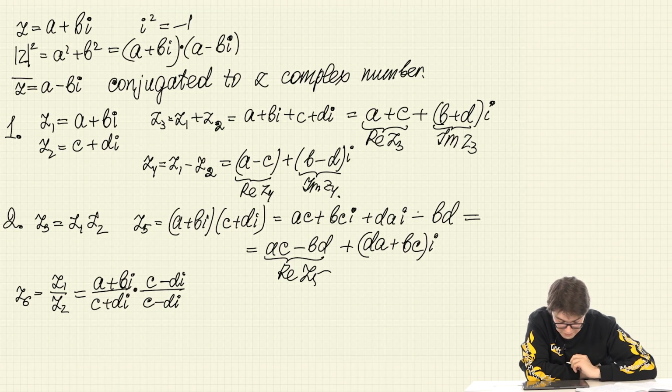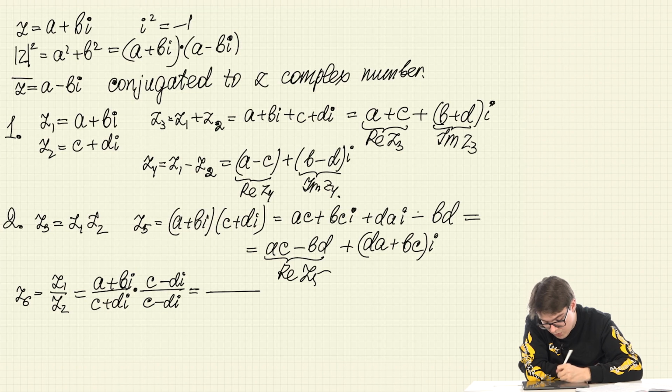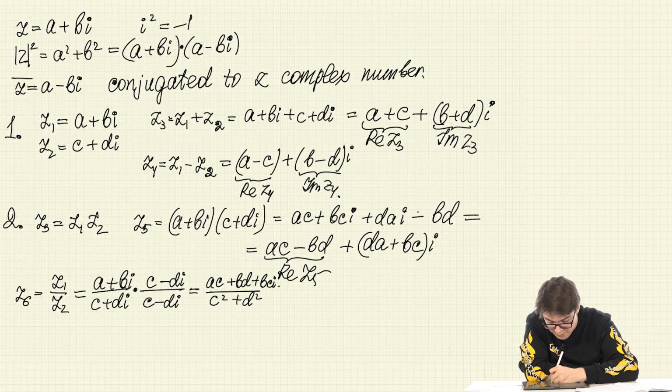Yeah, and here we obtain c squared plus d squared, and here the full expression: ac plus bd minus bci minus dai, yeah?